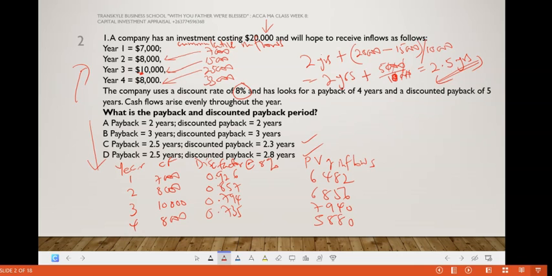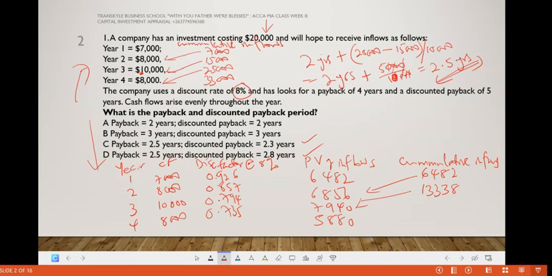Then we create another column here for the cumulative inflows. So we start with year 1, we just copy and paste. Then this one, adding to that, 6,482 plus 6,856, we should get 13,338.